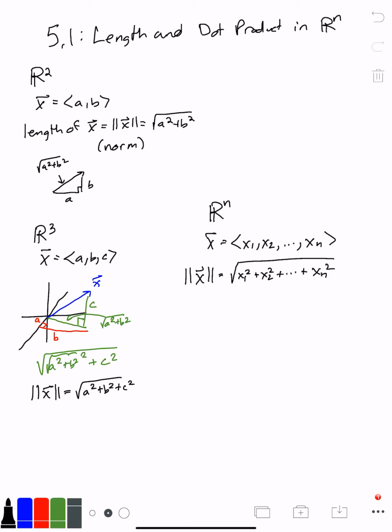So let's do a quick little example here. Find the length of the vector x = (1, 2, 3, 4, 5) in the vector space R5. And so we just go ahead and do our quick calculation.